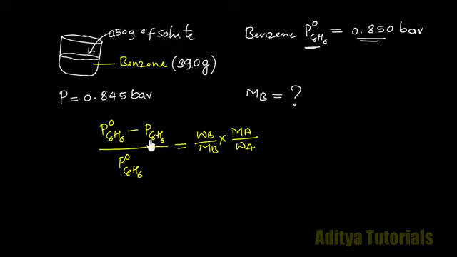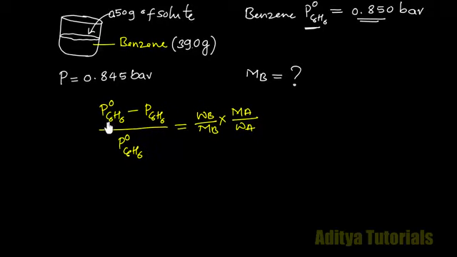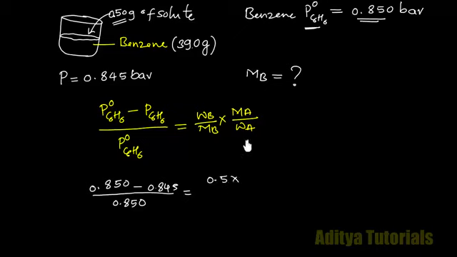After that we have to fill in all the values. The first, P naught of benzene, is 0.850, minus 0.845, divided by 0.850, that is equal to WB, the weight of the solute, which is given as 0.5 grams, multiplied by the molecular mass of the benzene.